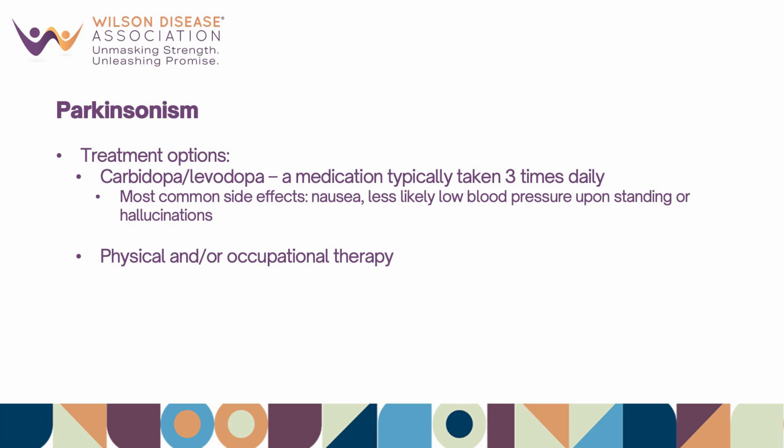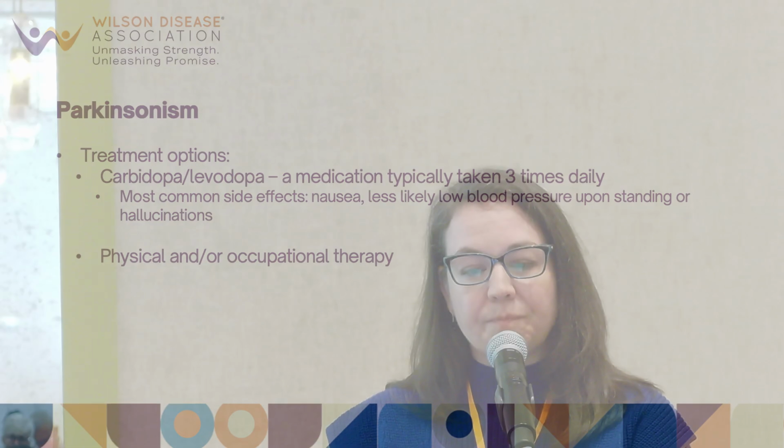The levodopa, which is converted to dopamine essentially, can help to overcome some of that issue. We also rely a lot on physical and occupational therapy to help improve mobility for people with Parkinsonism.